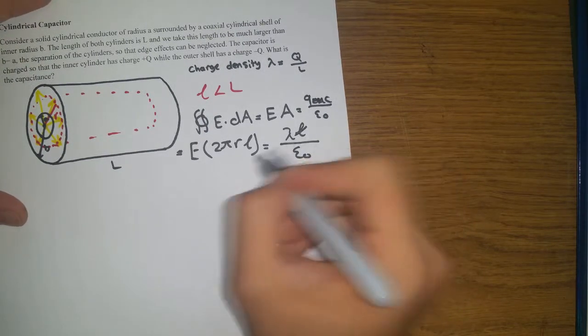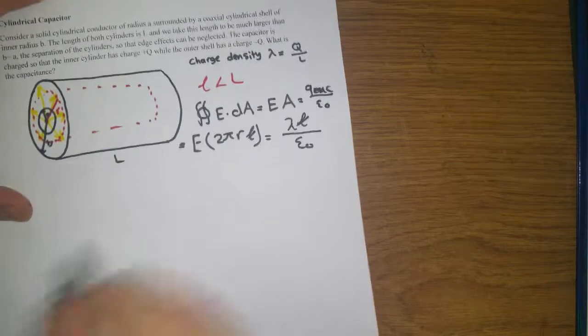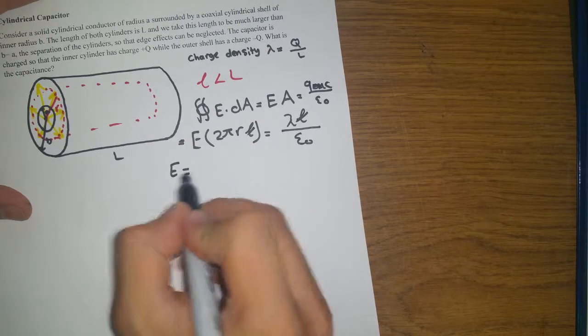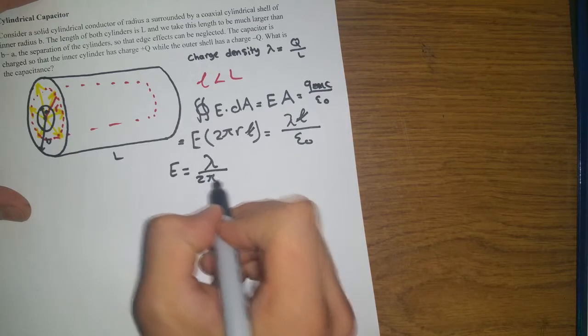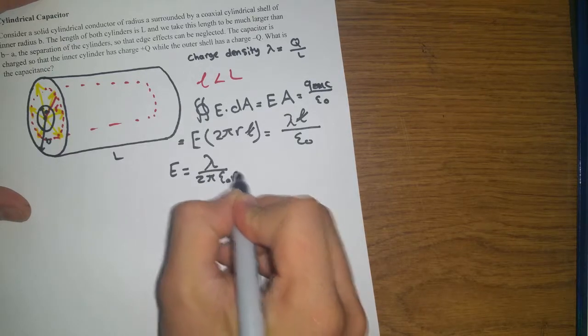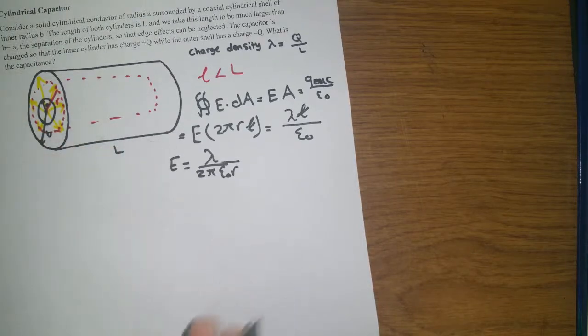We know that the l and l cancel out, and we will be left with E equal to lambda over 2 pi epsilon naught small r. So that is step one.